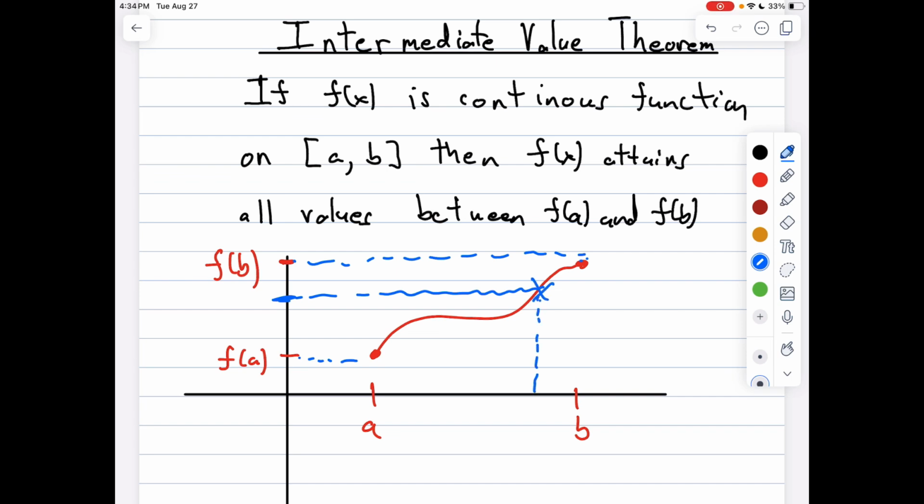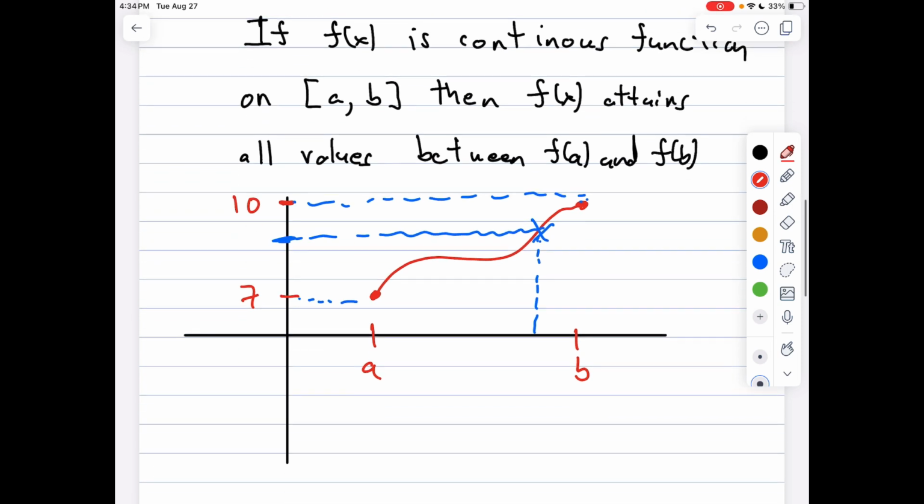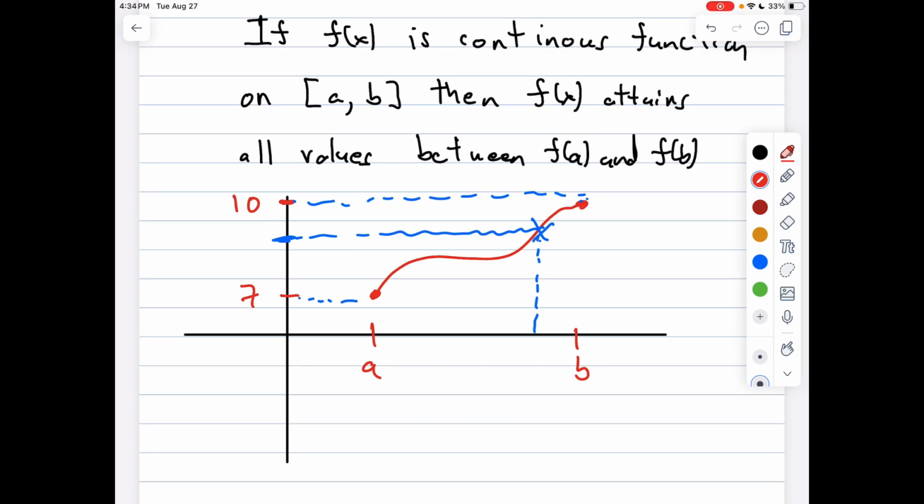Okay. And what I like to do is, well, let's make up some numbers here. Let's say f of a for a moment was 7, and f of b was like 10. Then because your function is continuous between a and b, there's got to be a point where your function would equal, I don't know, let's say 8. Your function equals any number between 7 and 10 here.